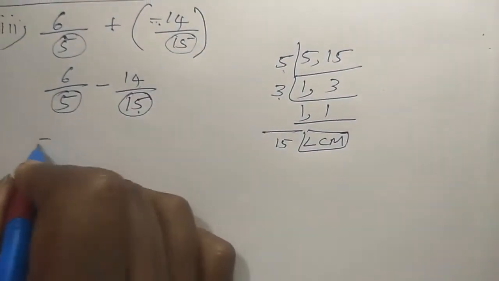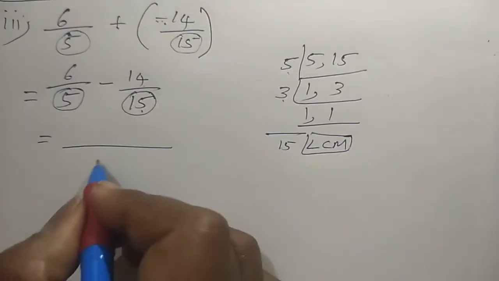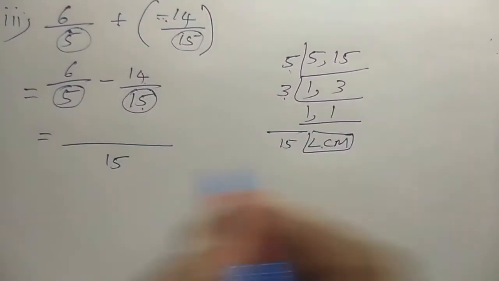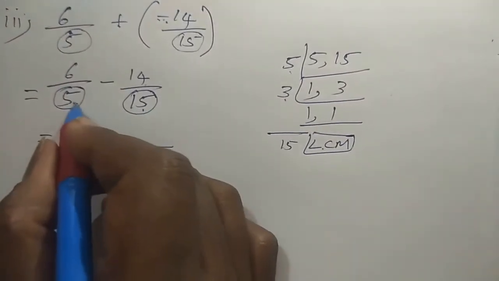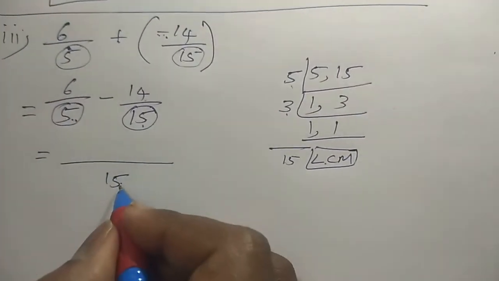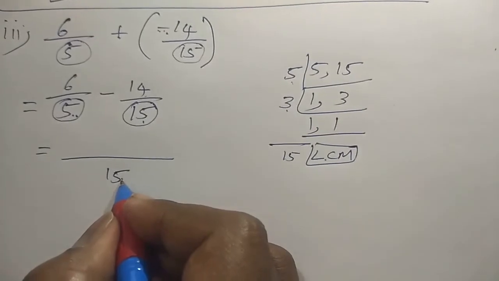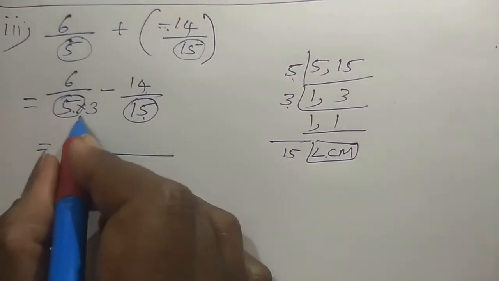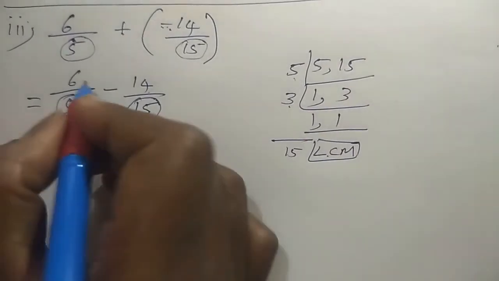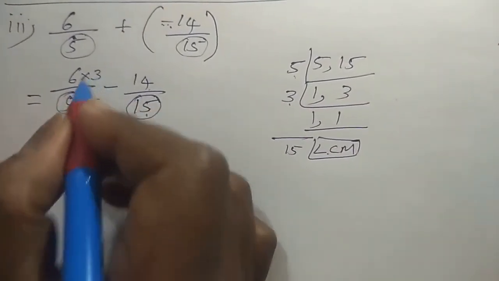So now we go for the fraction now. The fraction will be here, 15 is the LCM now. So you don't want to multiply anything here, but you have to multiply here 5 by something. So 5 into something will be giving 15 here. So 5 3s are 15. So we are multiplying the denominator, so you have to multiply the numerator also.